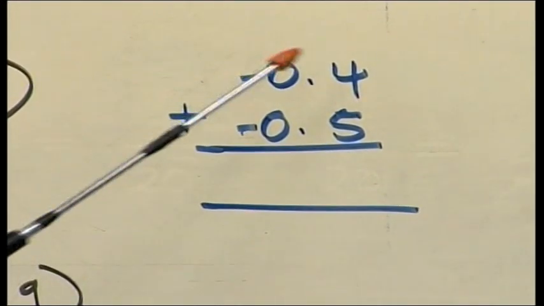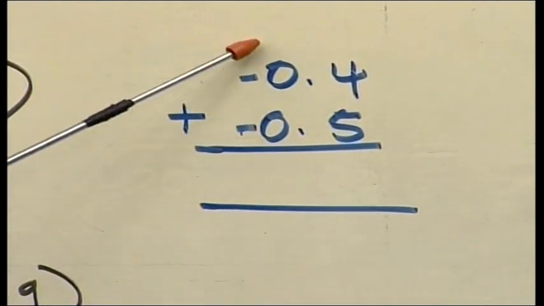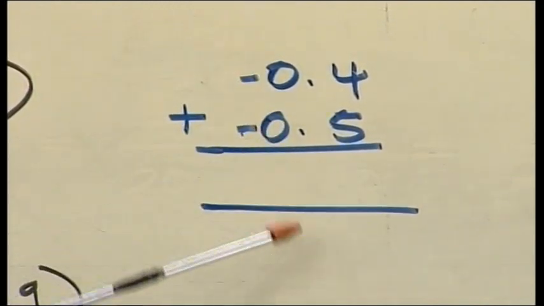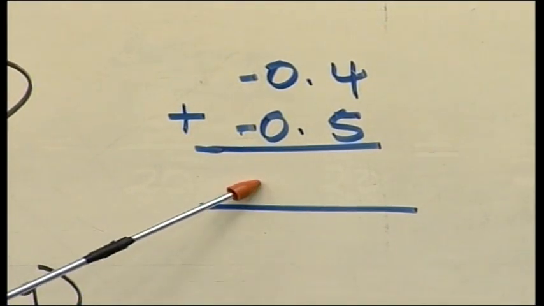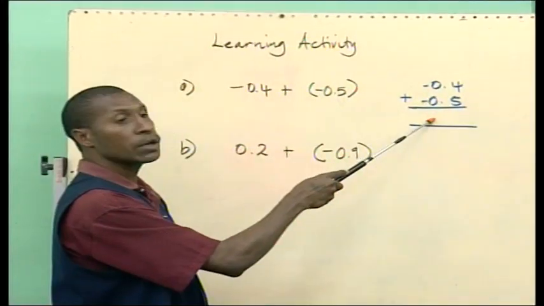Okay, let's add. If we put them in a column, you will see that your decimal points will be in order. So when you come to your final answer, you will not find it difficult to place your decimal point.